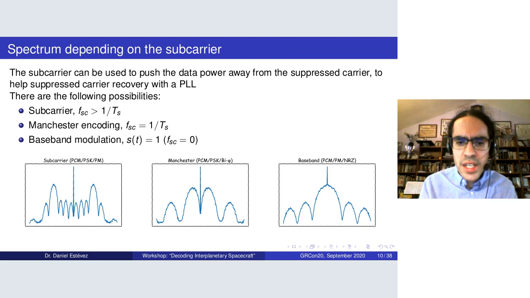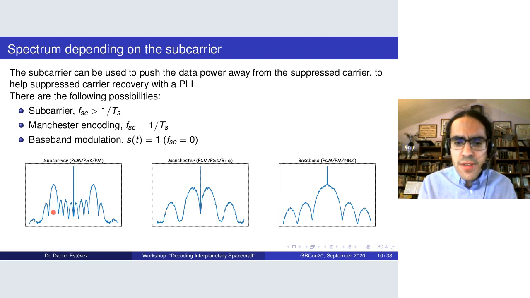Here we have some pictures of how the spectrum of this signal may look depending on the choice of subcarrier. The main reason why we use a subcarrier is to push the data sidebands away from the central residual carrier. So here we have just a normal subcarrier. The data sidebands are to the sides, well away from the residual carrier. So here the receiver can look at the residual carrier, and the data sidebands don't interfere with it because they are separated in frequency.